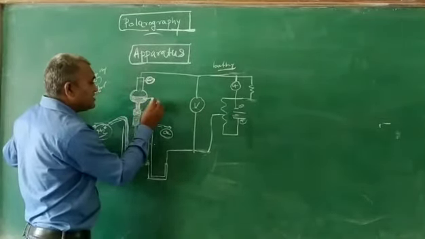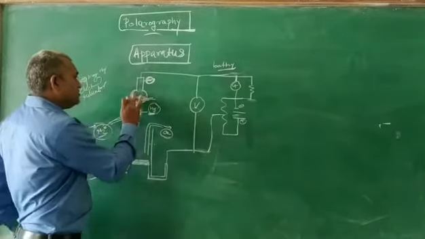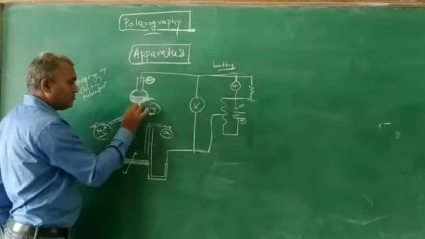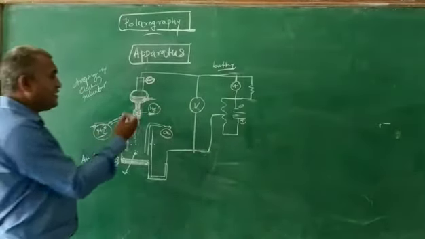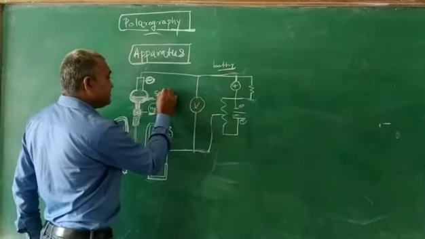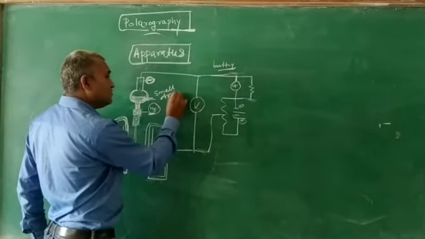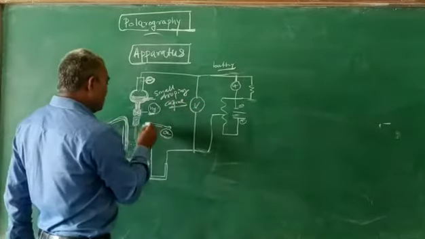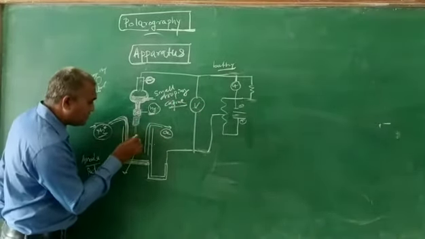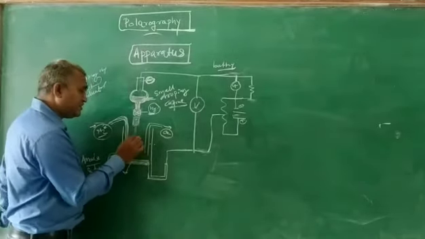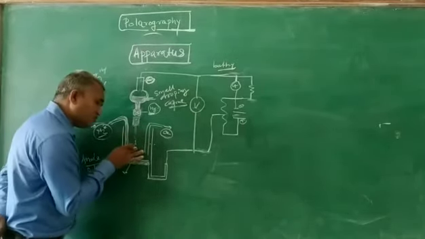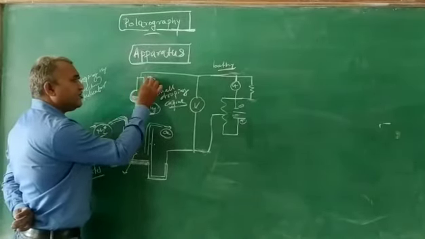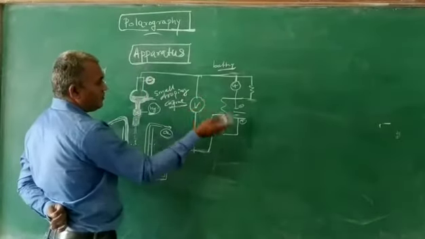There is an Hg reservoir with small dropping capillaries. Here we insert a drop of Hg, mercury drops, in the solution, and it is attached to the negative terminal of the battery.